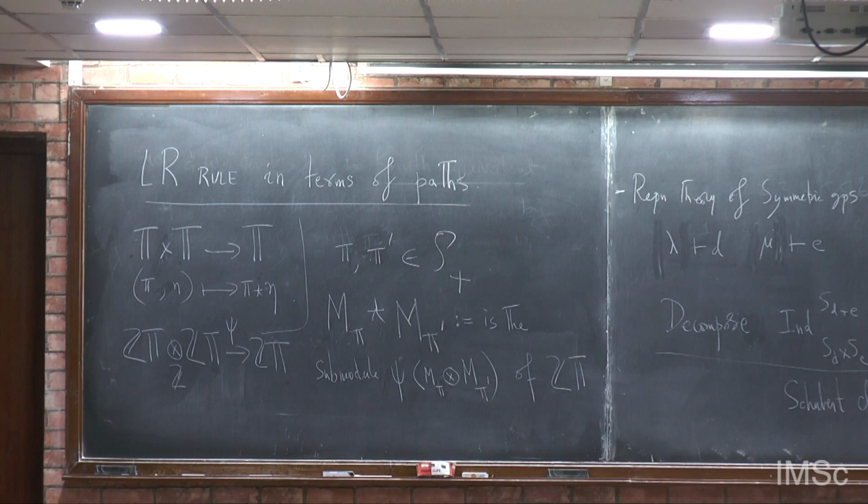Now, one thing to observe is, thanks for talking about A modules, I had forgotten. M pi is an A module, an A submodule of Z pi. Why?